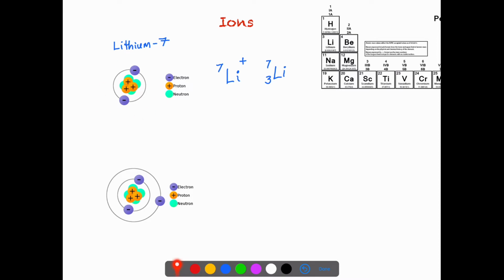So this is now called an ion. It's no longer an atom. Any atom carrying a charge has no balance between the positive and negative particles. So it gets a charge, and we refer to this as an ion. So this would be a lithium-7 with a 1 positive charge. So you can say lithium-7 ion with a positive charge.